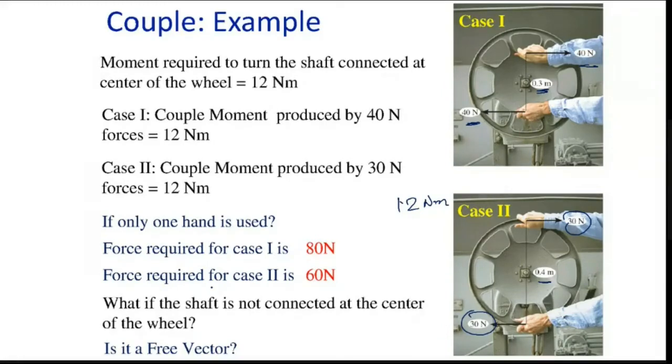So actually we call this a couple. The couple is the same, 12 Newton meter, but even though you shift your location, the force is lesser, and at any location you will get the same value of this moment. Okay, so this is what we call a couple.